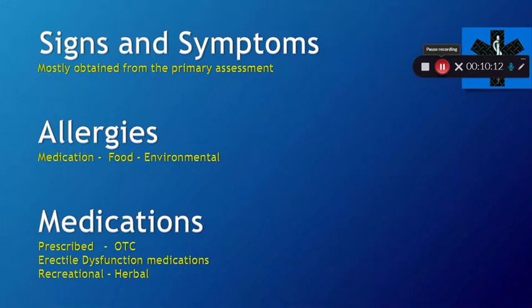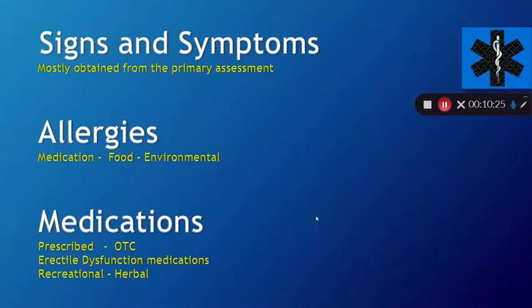Okay? The other thing we're going to ask about is recreational drugs. Now, people that take recreational drugs will likely tell you that they do if you ask them. And I just tell them, I'm not the cops. I'm not judging you. I just need to know what you have on board, what your history is, so I don't give you a medication that kills you.